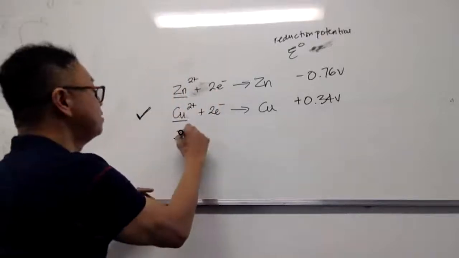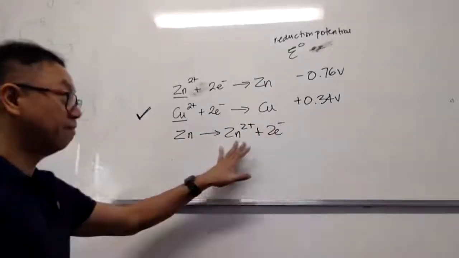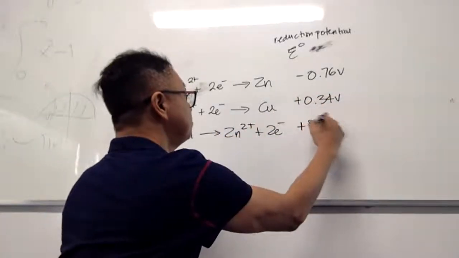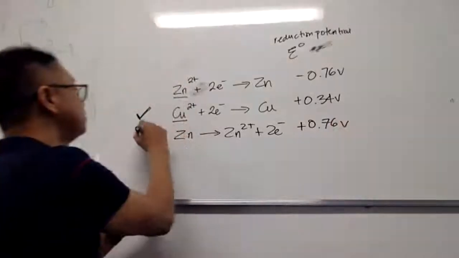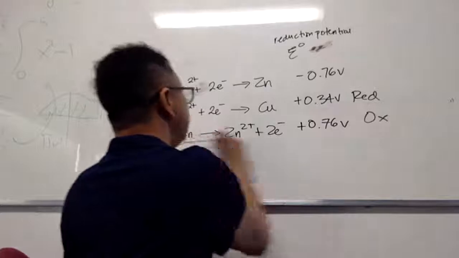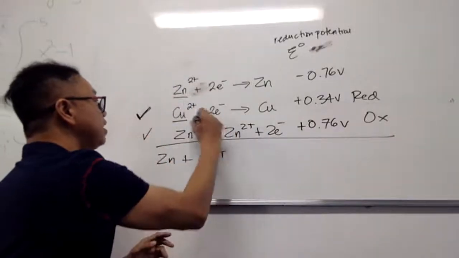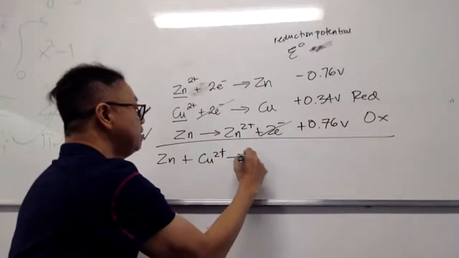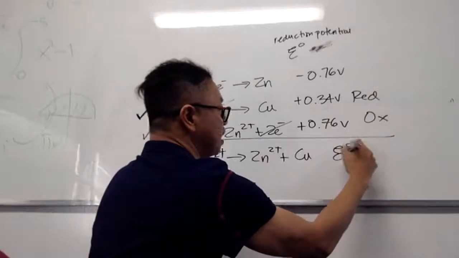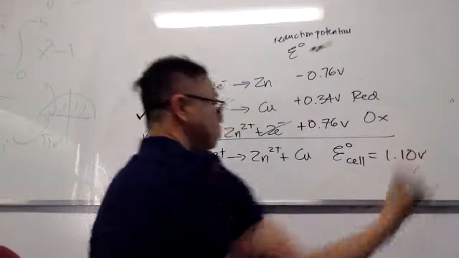Zinc becomes zinc 2 plus plus 2 electrons, and the negative 0.76 now becomes positive 0.76 volts. So this will be our reduction, and this will be my oxidation. Then we add zinc plus copper 2 plus, the 2 electrons cancel, and give me zinc 2 plus plus copper. This gives me an overall cell potential of 1.10 volts.